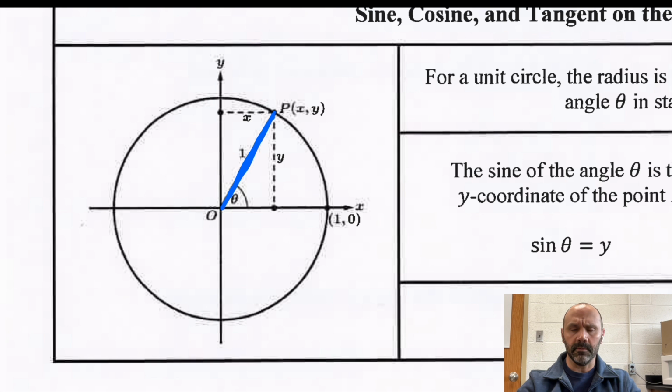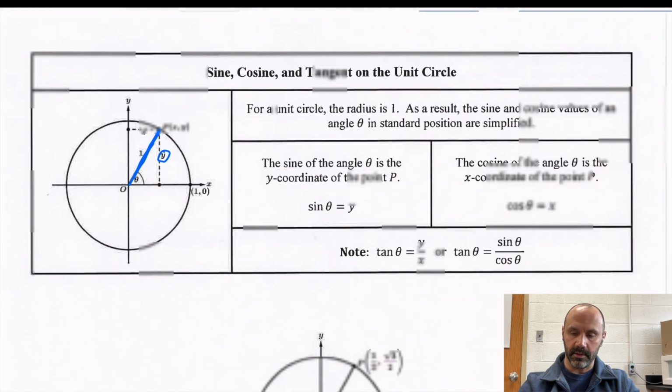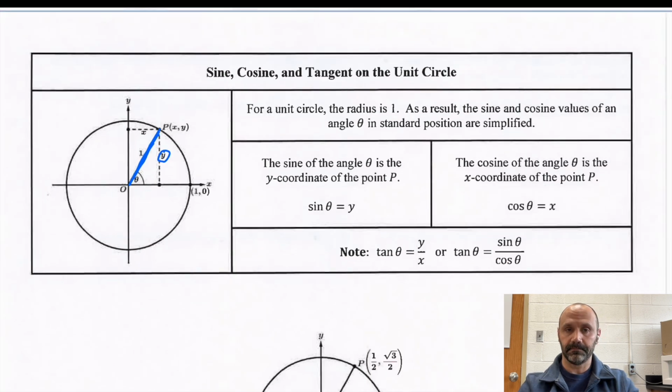And like we saw before, sine is the y-coordinate over the hypotenuse. That means that since the hypotenuse is 1, sine is just going to be the y-coordinate, whatever the y-coordinate is. And cosine is going to be the x-coordinate, because it would be x over the hypotenuse, but the hypotenuse is 1. And then tangent is y over x, or sine over cosine.